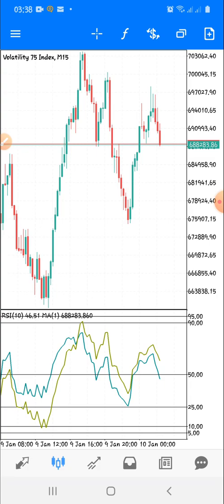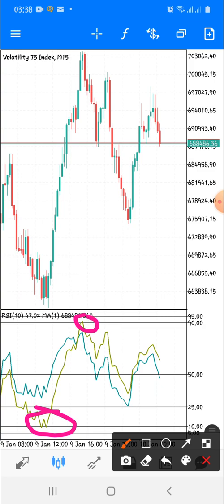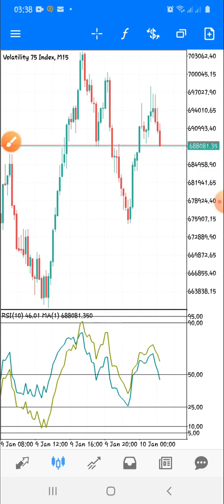When the moving average is at or closer to the 10% level and pointed upwards, it's a clean buy. The overbought and oversold levels, we only use them when they are at the specific areas.